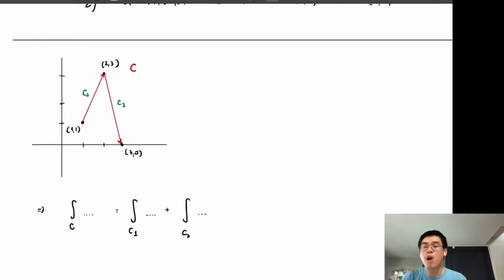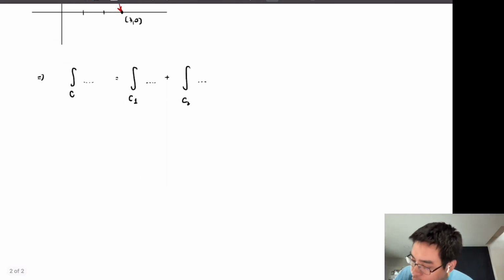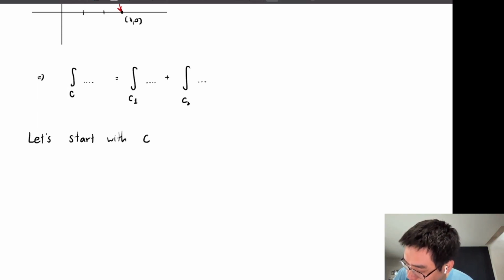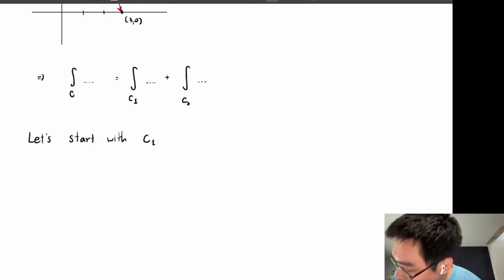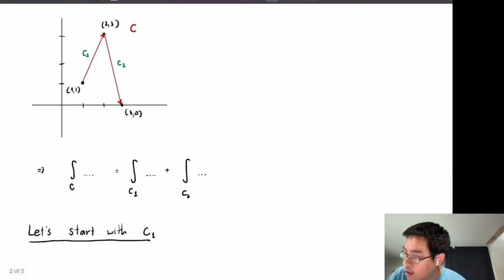So this problem is actually just two problems hiding. What are we doing in these two problems? Let's start with C1. C1 is a straight line that goes from (1, 1) to (2, 3).